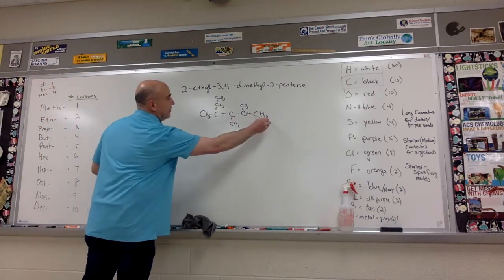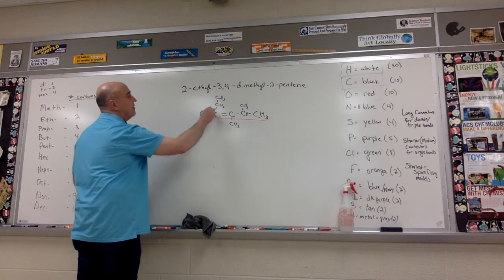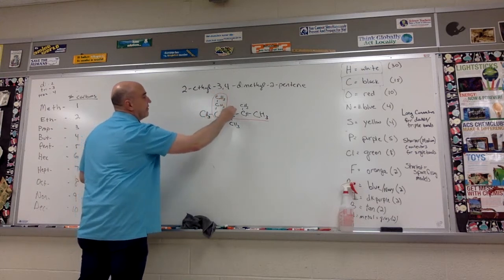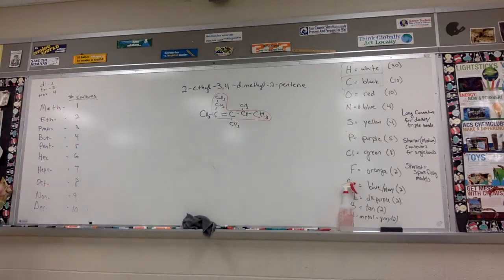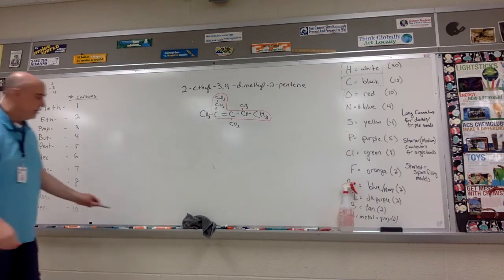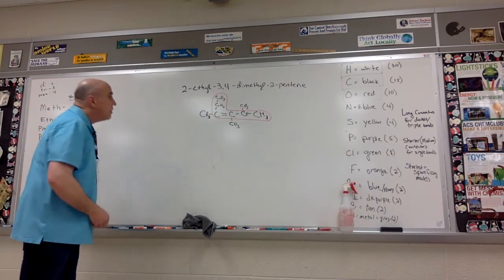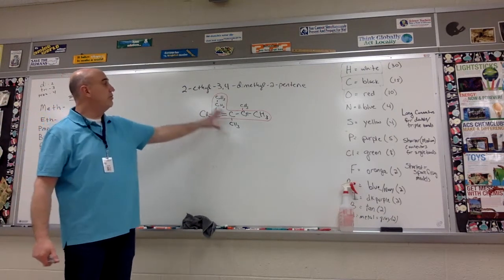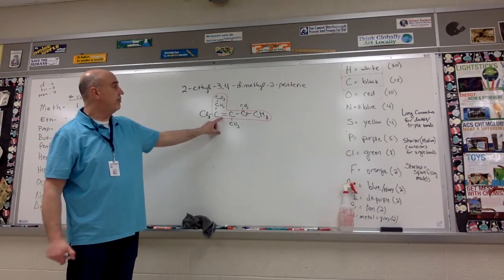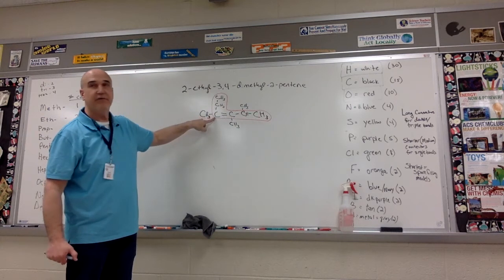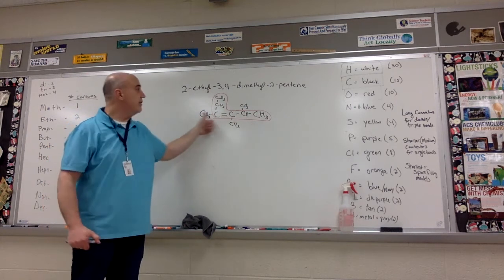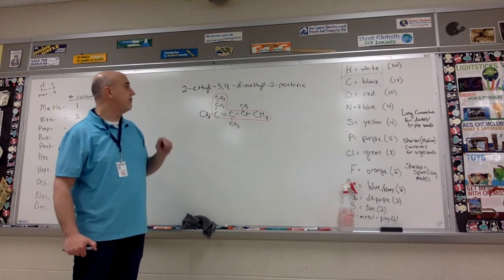Because we can actually get a 6 carbon continuous chain instead of a 5 carbon continuous chain, right? So then you number it so that the double bond gets the lowest possible number. So we'd want to go left to right because that gives us off the third carbon. If we go this way, that's also off the third carbon.